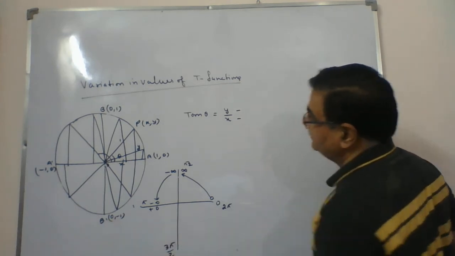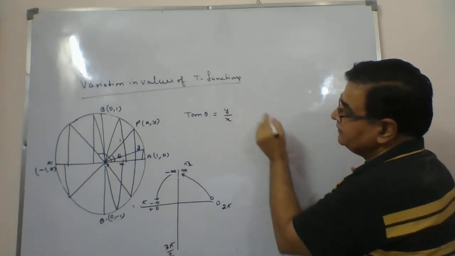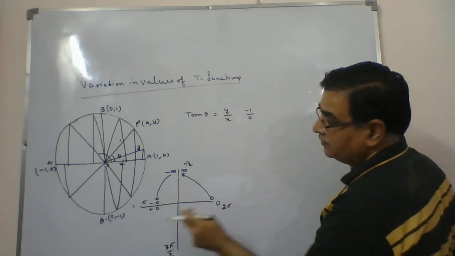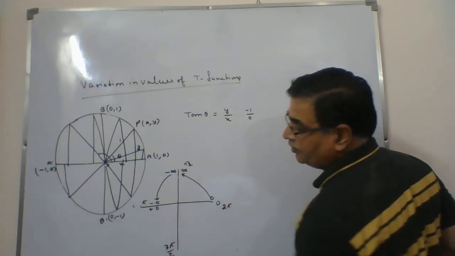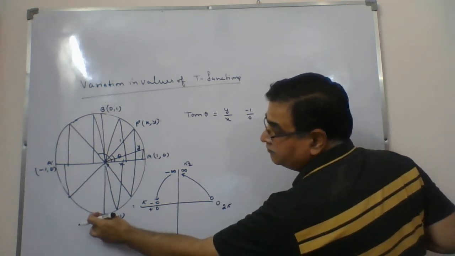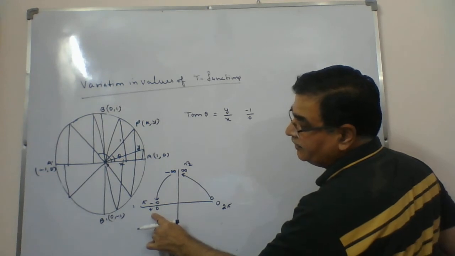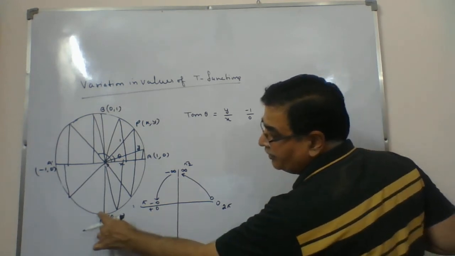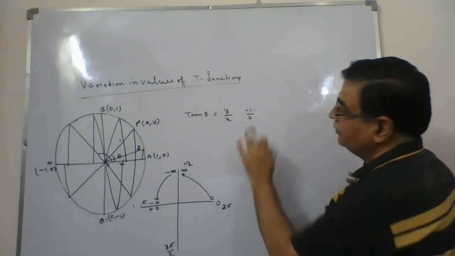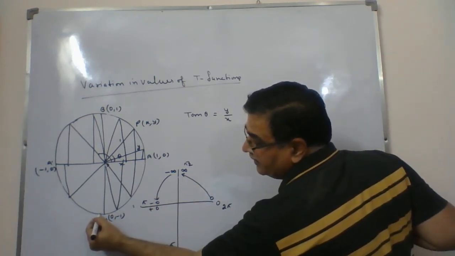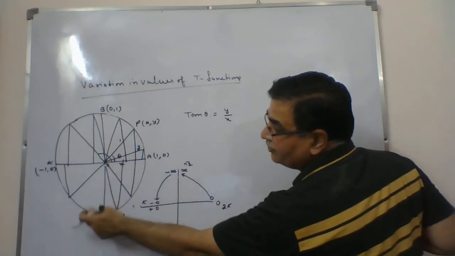When you reach here, y is minus 1 and x is 0. In this case both are negative, and till here it will remain both negative. Both negative means 0, this side it is slightly negative value and this is also negative.